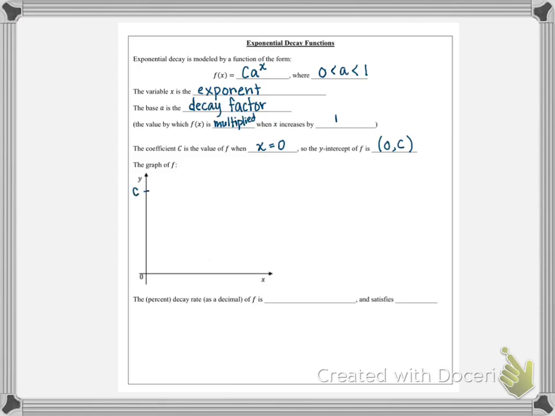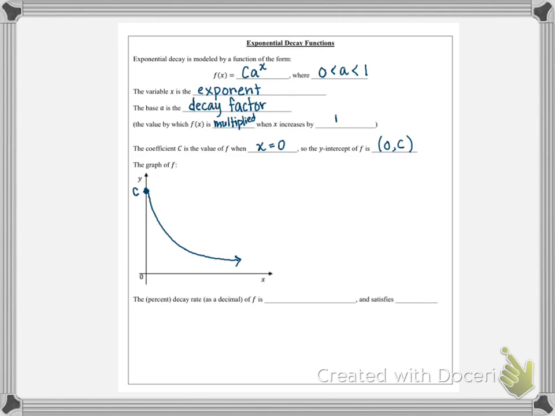So with decay, we're starting up here, and then we're decreasing. And with exponential decay, we decrease at a decreasing rate. So whereas exponential growth gets steeper and steeper and steeper, exponential decay gets shallower and shallower. It kind of levels off.